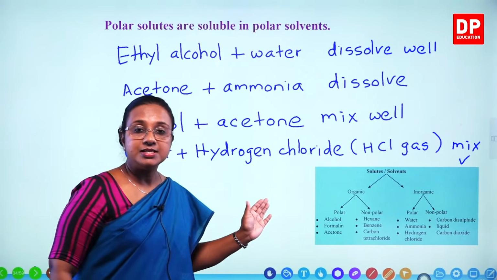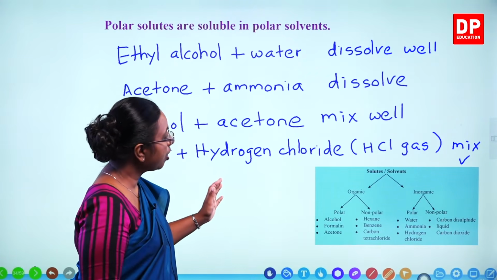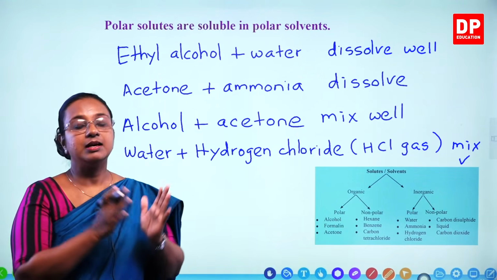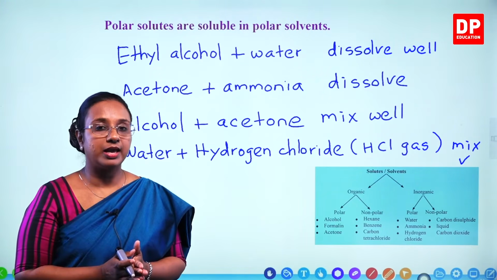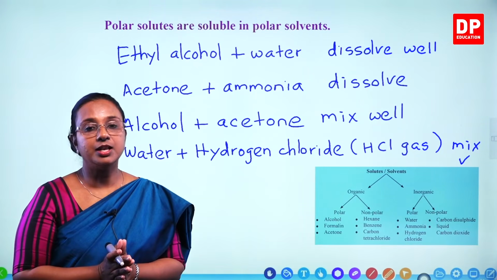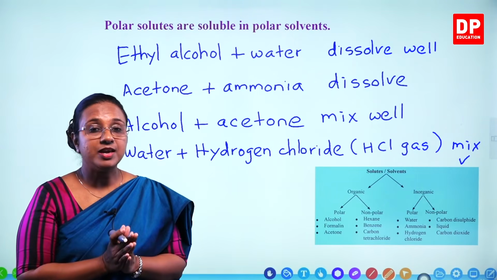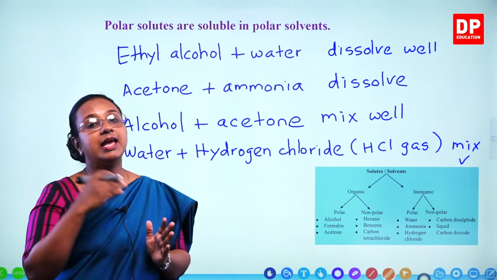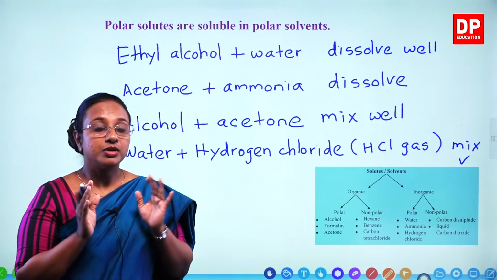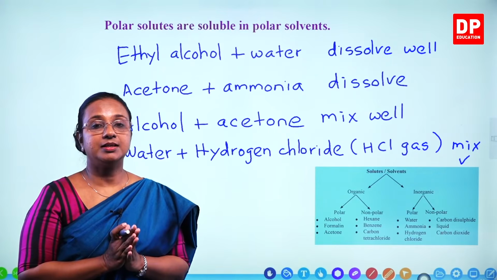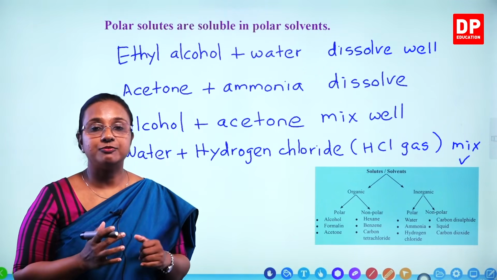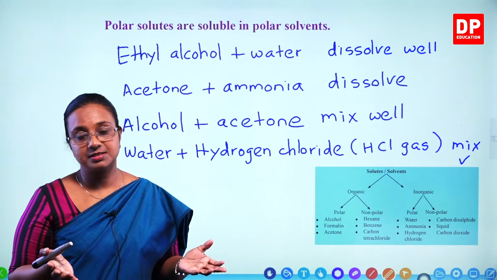So here you can see, students, these are all polar substances. So polar organic can mix with polar organic. Polar inorganic can mix with polar inorganic. The same way a polar organic can mix with polar inorganic substance. So here the important factor is that both the solvent and the solute have to be polar substances.